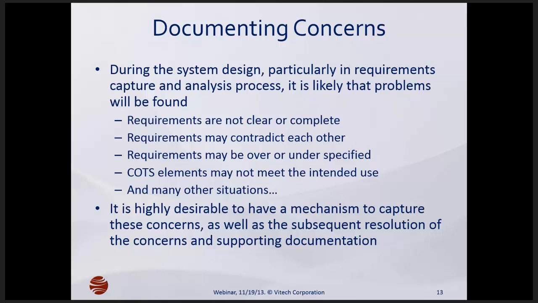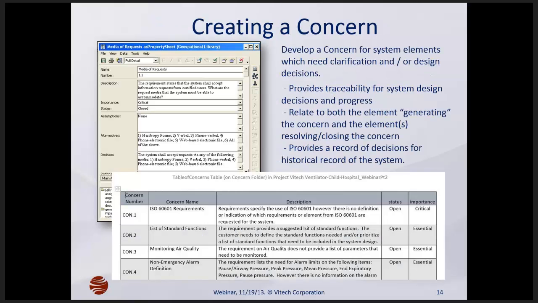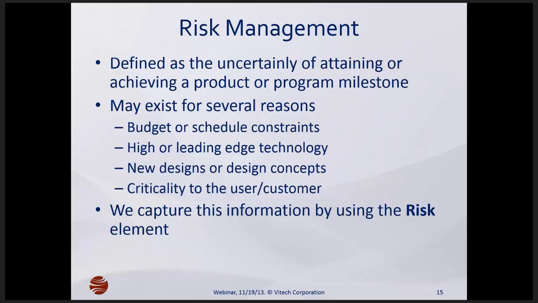So we have a concern class here, and I'm going to walk through in a moment exactly how to generate this table of concerns and how that's made. But the other part of the concerns, a lot of times you have a concern and you can't resolve it, and it becomes a risk. A risk could exist for many reasons, and I don't want to get into a whole discussion on risk management.